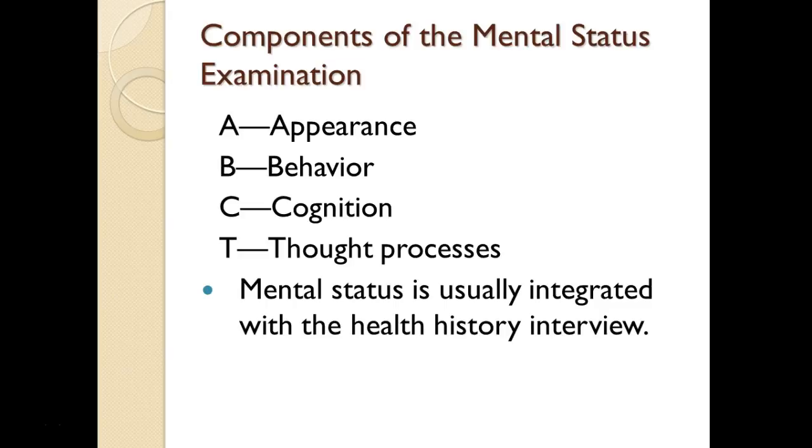Usually as we're talking to a patient, we're gathering all this data about their appearance, about their behavior, about how they think. And does it make sense to the interviewer or the nurse? So mental status is not usually something that we do separately unless there's a good reason.